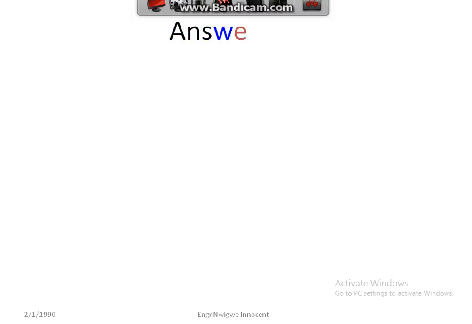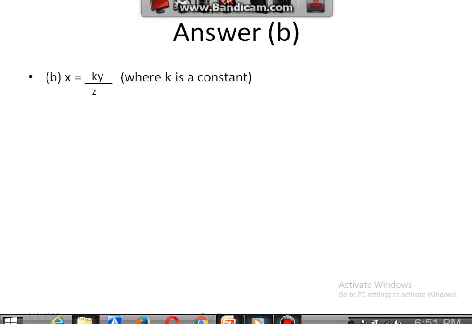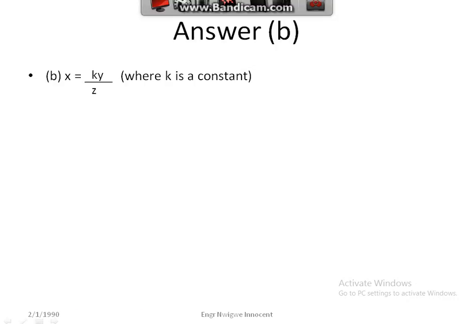Answer B. We are told that x, y, and z are related quantities, which means that x varies directly as y and inversely as the square root of z. So mathematically it can be represented as x is equal to ky over the square root of z, where k is a constant.